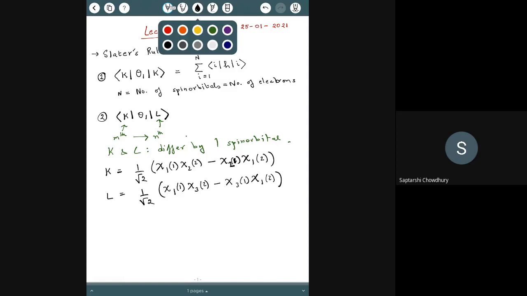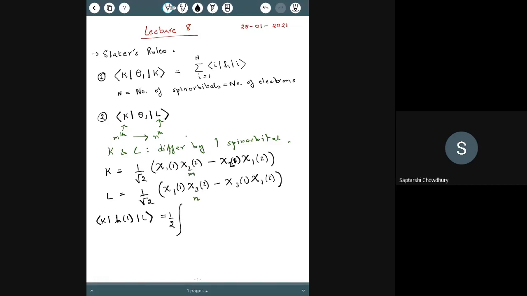So chi 2 is m and chi 3 is n. Chi 2 has been replaced by chi 3. This is again the 2 electron case. And then we will now try to look at the matrix element of only one particular electron.